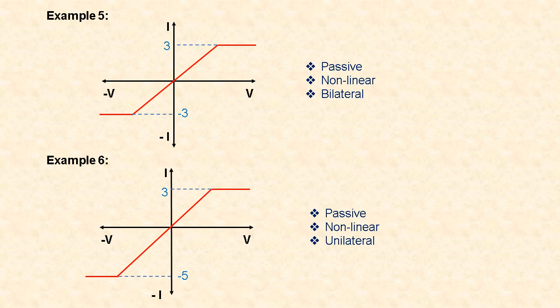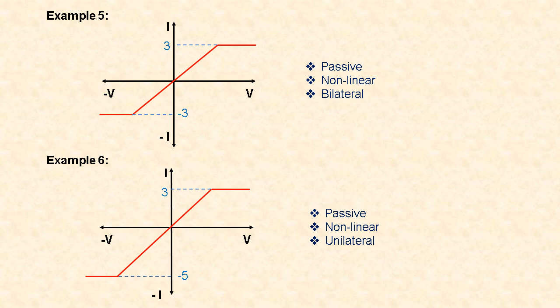So it is a passive element, but it doesn't offer the same impedance value. Even if the curve resembles the same, it is not the same in both the directions, because here the turning point is at 3 and in downward direction it is at -5. So it is a unilateral element.